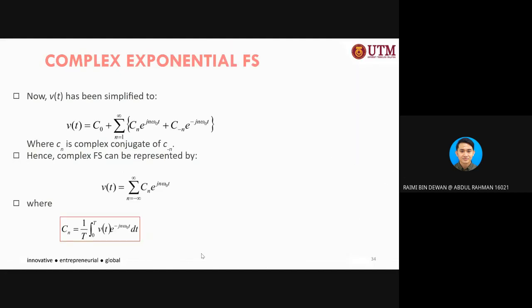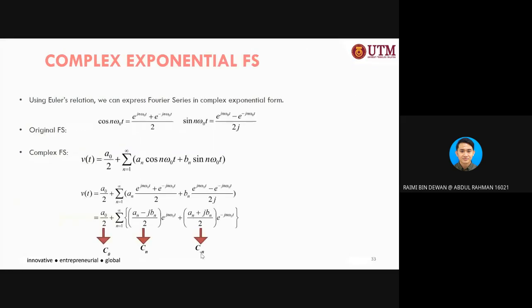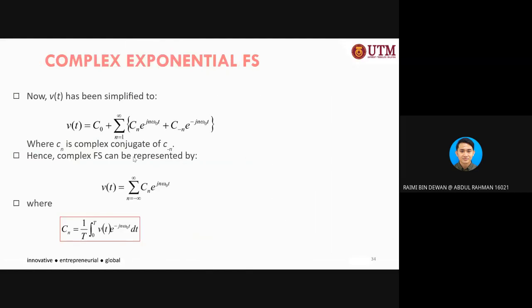Then, if you simplify further from the trigonometric form, it will become v(t) equals c naught plus the summation, starting from 1, because we do not consider the negative case here, until infinity, of cn e^(j n omega naught t) plus c minus n e^(-j n omega naught t), where cn is the complex conjugate of c negative n.